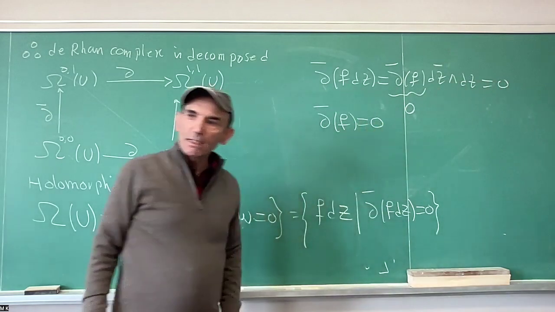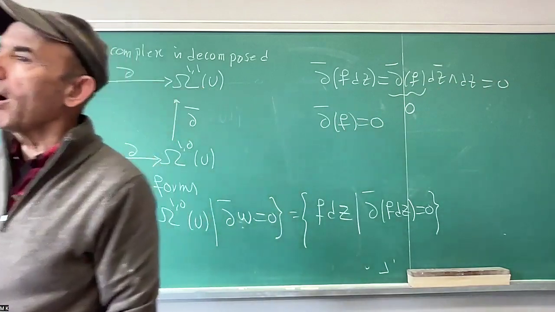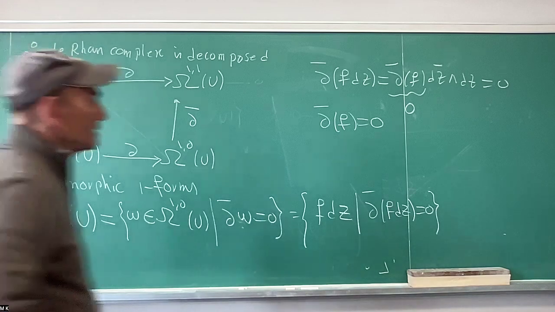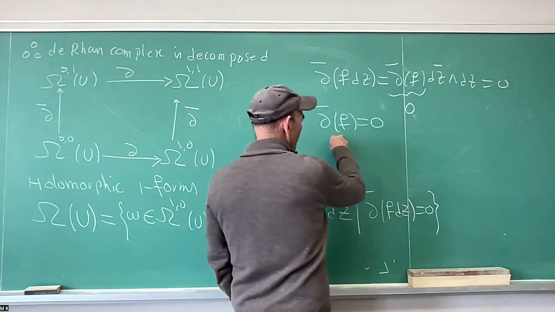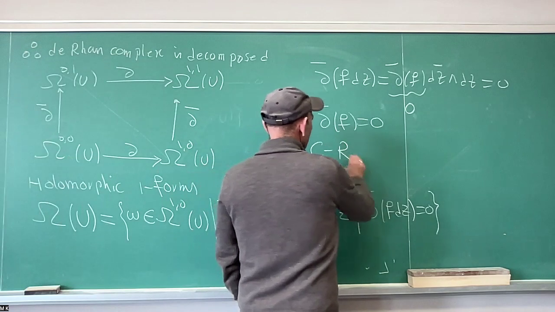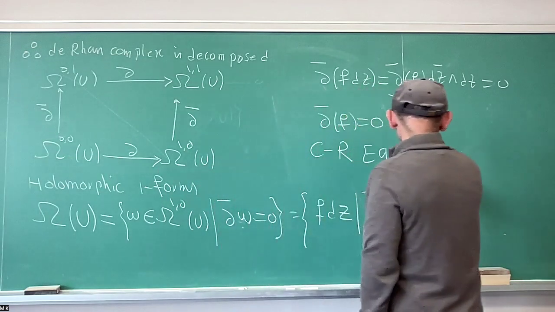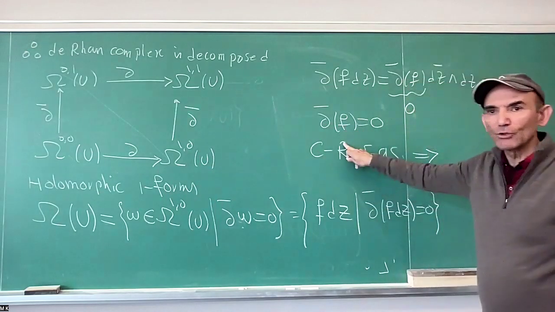So what does that mean? Del bar of f equal to 0. What was this equation? The Cauchy-Riemann equation. And this means that f is a holomorphic function, right? So these are the Cauchy-Riemann equations for functions, and of course this just means that f is holomorphic.